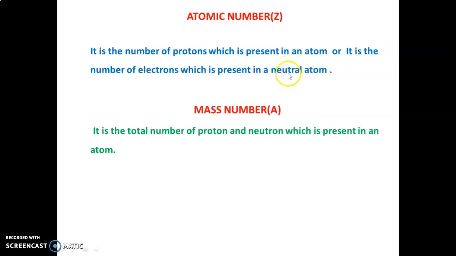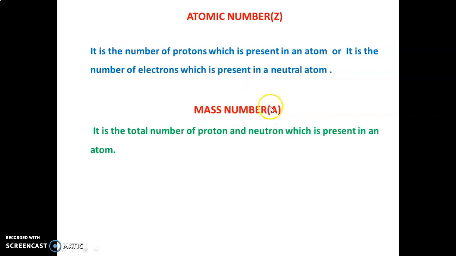You just mention neutral, because an atom sometimes becomes positively charged, sometimes negatively charged, which changes the number of electrons. I will discuss this in detail in subsequent chapters, but if you have any doubt, you can ask me in the comments. Then mass number. It is denoted by capital letter A.